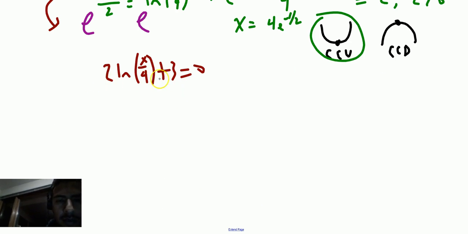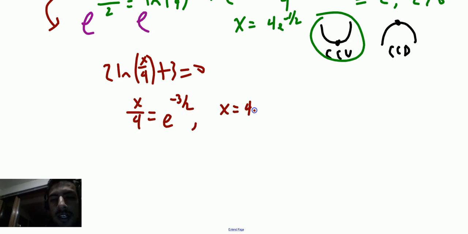If I'm solving, I'm moving the 3 over, I'm dividing by 2, and I'm exponentiating. So I'm going to get x over 4 is equal to e to the negative 3 over 2. I subtracted the 3, I divided by 2, and I raised both sides to e to the something. That's how I got e to the negative 3 halves, and e to the ln canceled out to get x over 4. Multiplying, I get x is equal to 4e to the negative 3 halves.